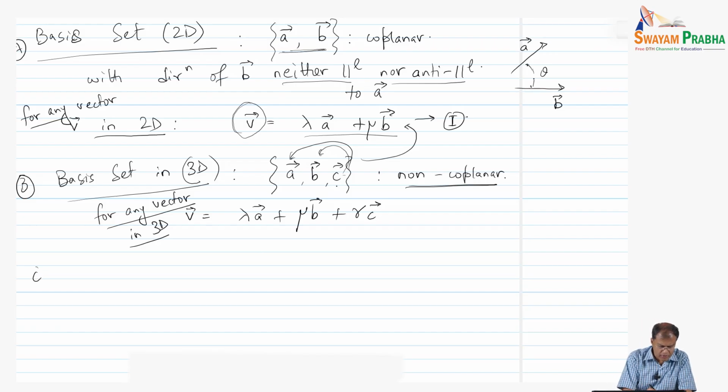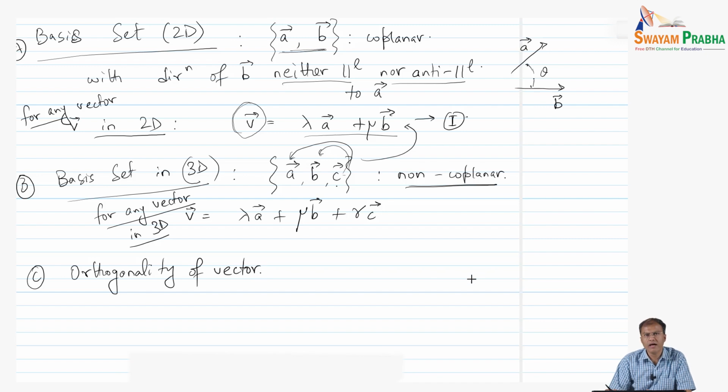The concept that I want to introduce is that of orthogonality of vectors. Again, we are introducing all these ideas geometrically. As the name suggests, two vectors A and B are orthogonal to each other if the angle between them is 90 degrees, right?